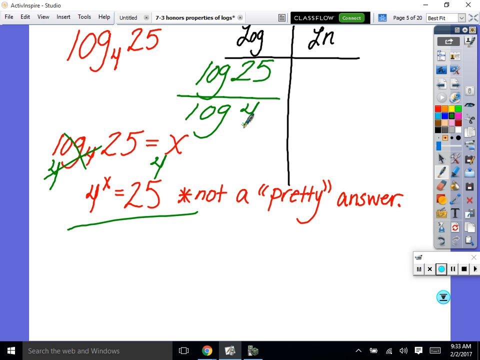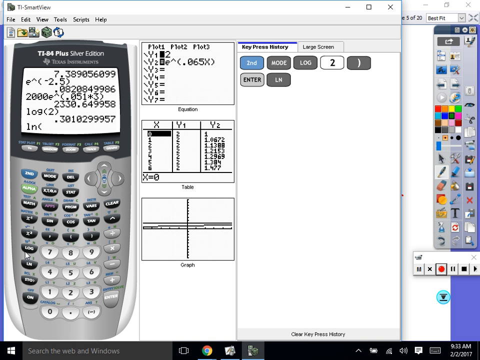So everybody type that into your calculator. You'll type in log of 25, close your parentheses, divided by log of 4.